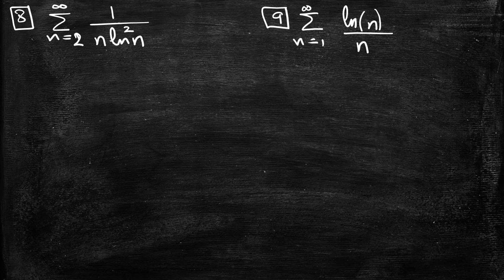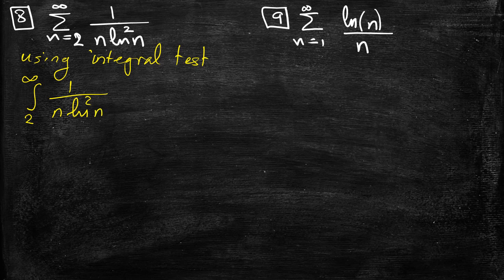Number 8, we have 1 over n ln squared n, starting from 2 to infinity. I think it is helpful to remind ourselves this is comparable to 1 over x ln squared x, which is related to integration. So this will be helpful if we use the integral test. I'm just doing the integral from 2 to infinity of 1 over n ln squared n dn. Let u be ln n, so du is dn over n, and this is u to the power negative 2.